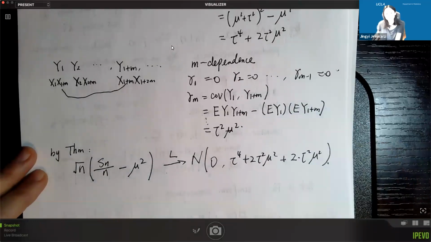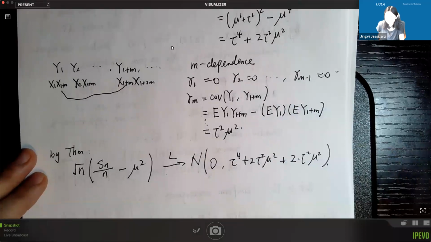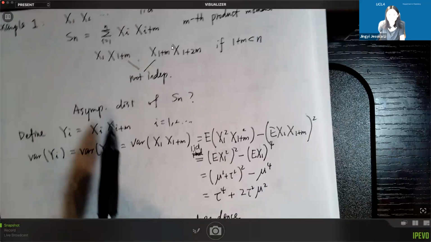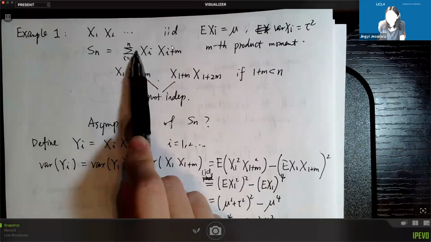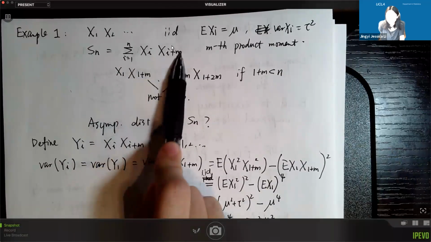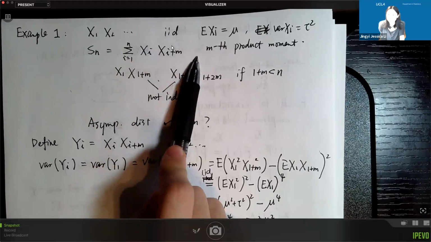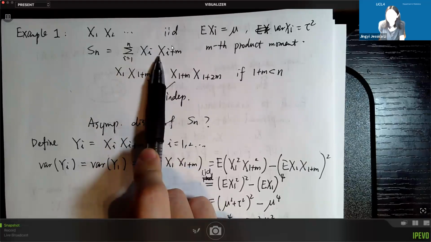That's it. So this is an example showing that we can derive the asymptotic distribution of a summation like this. Inside the summation, every term is no longer independent, but they are still identically distributed.